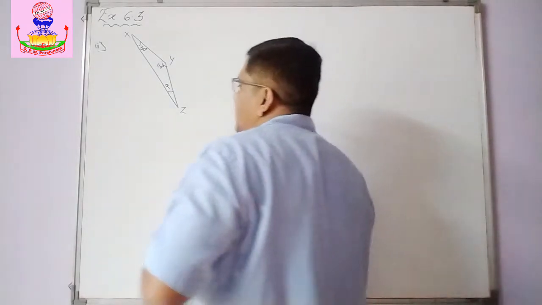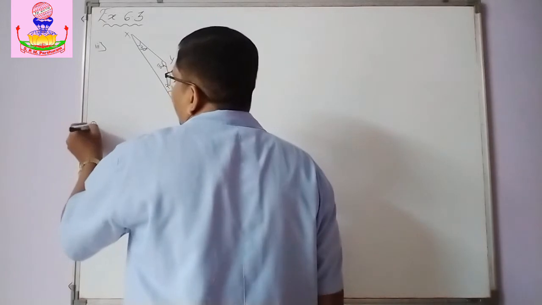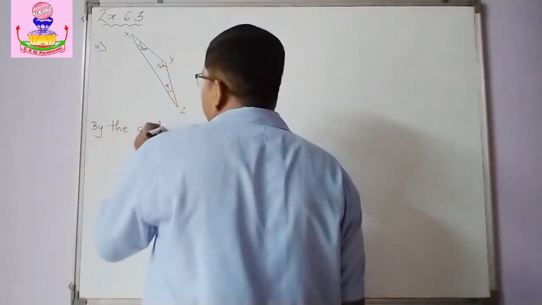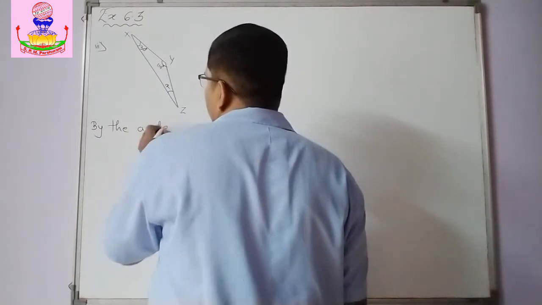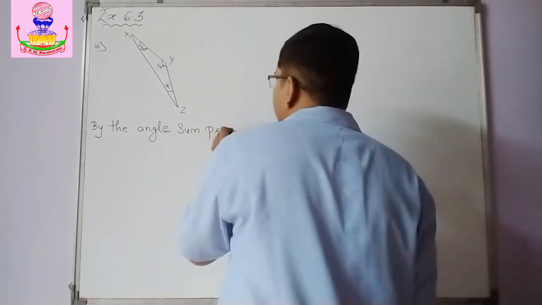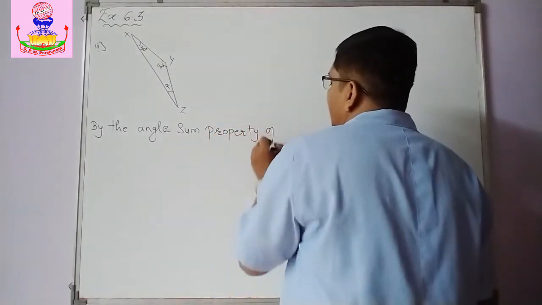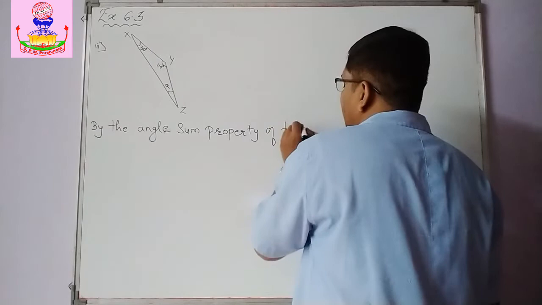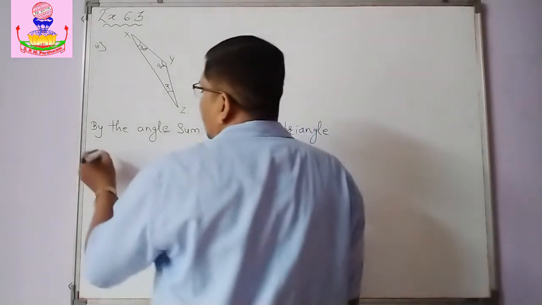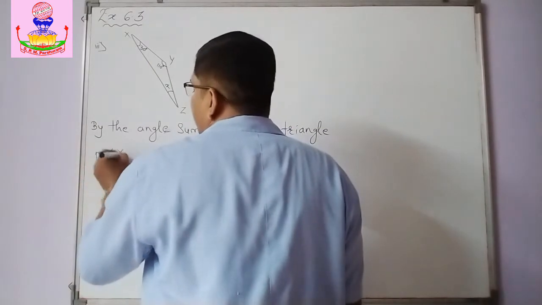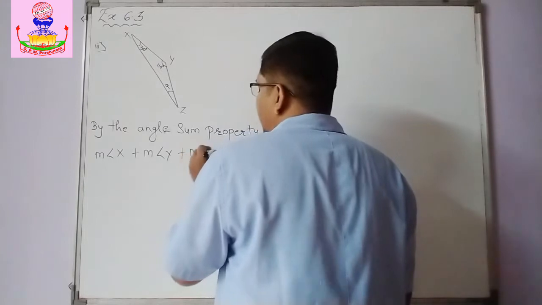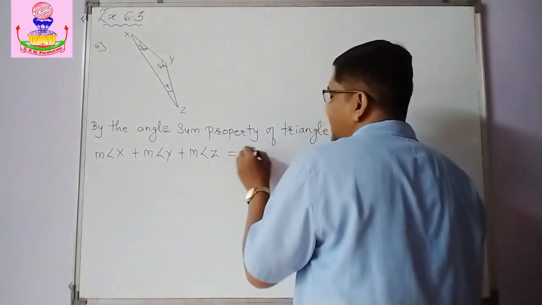So again, by the angle sum property of triangle, measure angle X plus measure angle Y plus measure angle Z, and what is the sum?